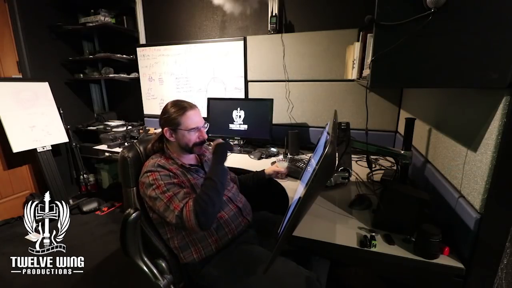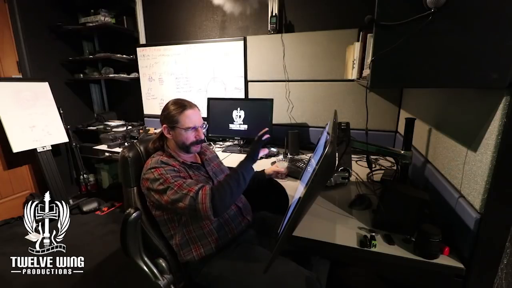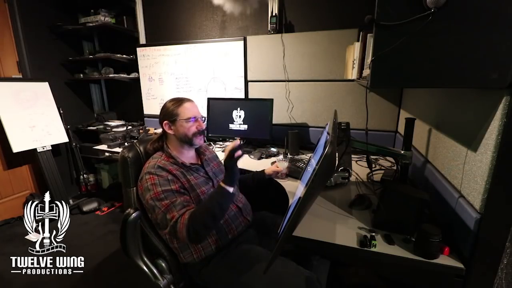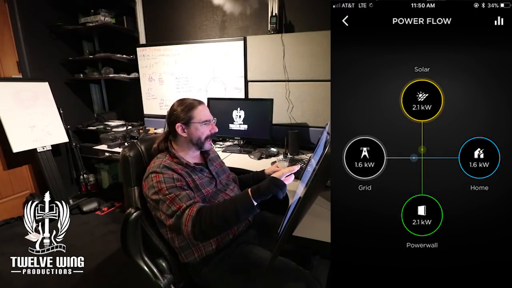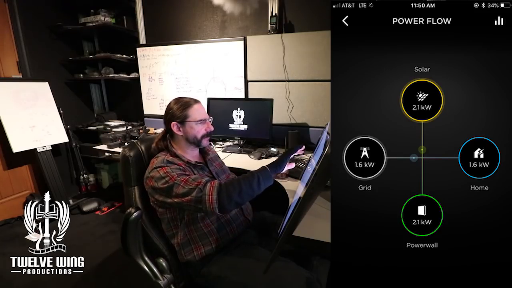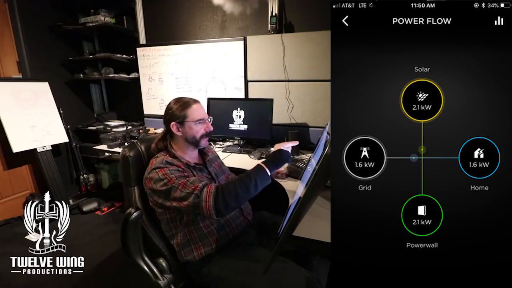Like I said earlier, the settings that are being used for the screenshots that you're seeing now are from the advanced menu. Again, we'll talk on that a little bit more in just a minute. But the result of using the advanced menu and the cost savings setting was this. What we've got here is that you're seeing the solar being produced at 2.1 kilowatts.